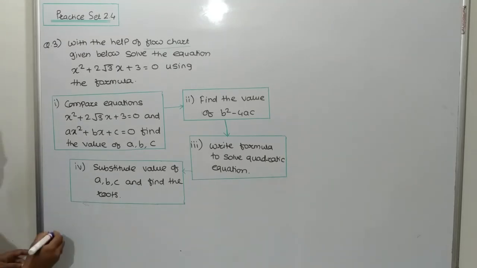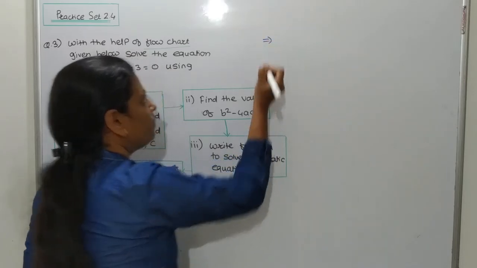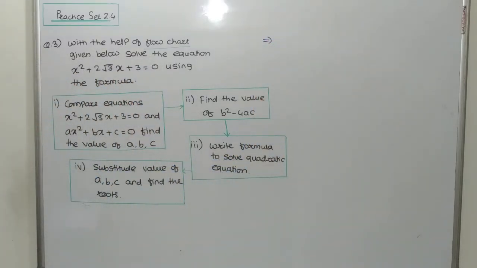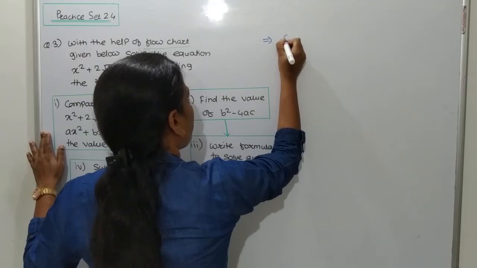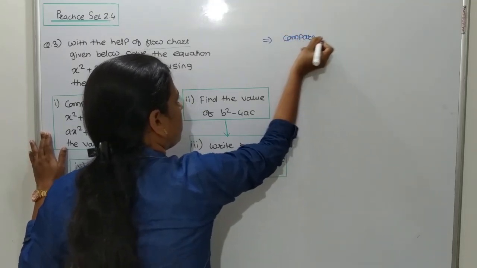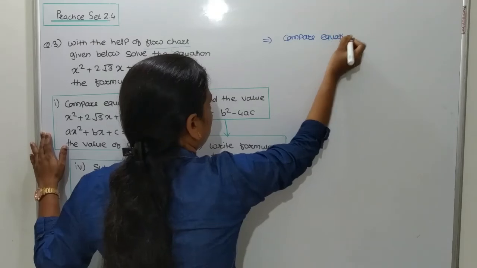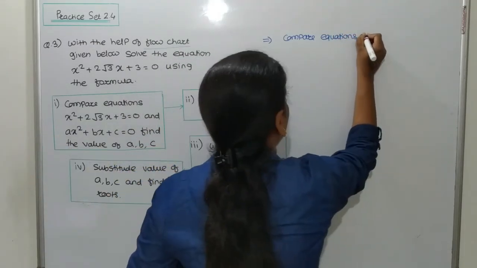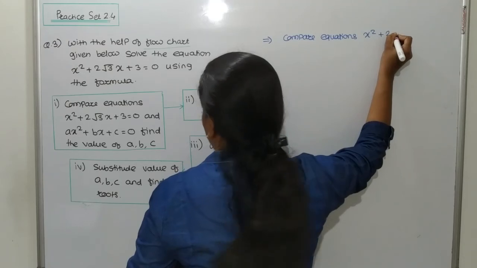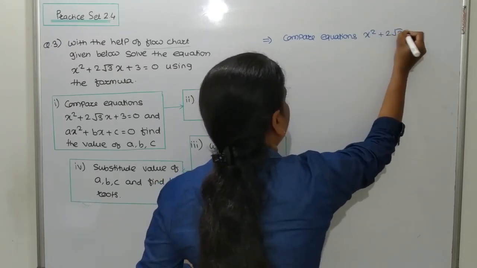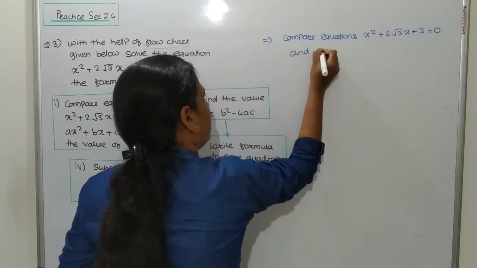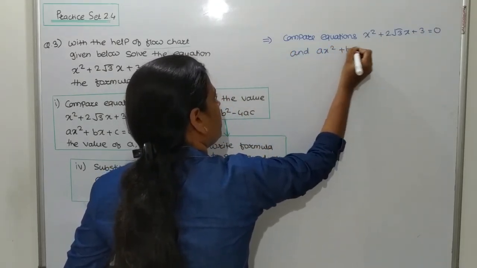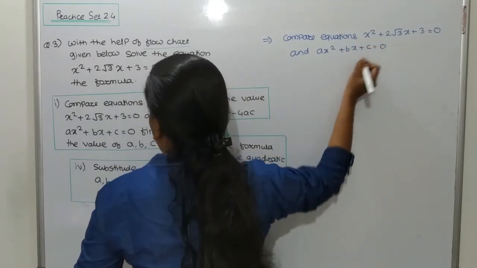So what is in the first step? I am going to write here: compare the equation and find the values of a, b and c. So what do we have to write? Compare the equations x square plus 2 root 3 x plus 3 is equal to 0 and ax square plus bx plus c is equal to 0.